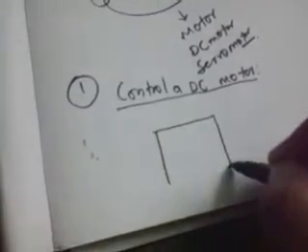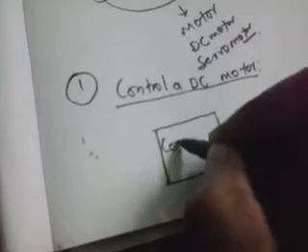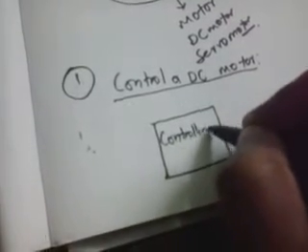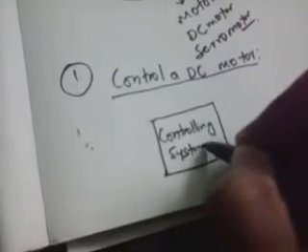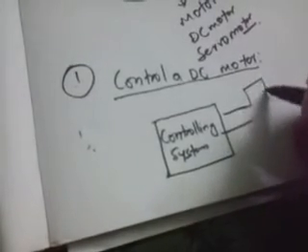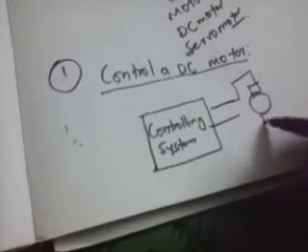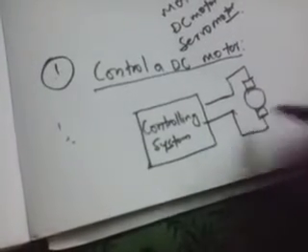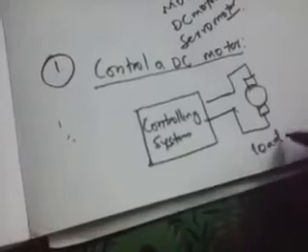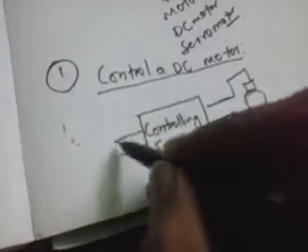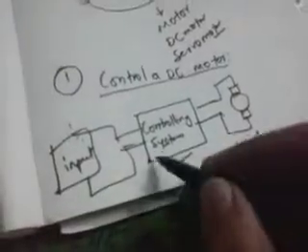First one is the controlling system, which controls that particular DC motor. For example, this is the DC motor which I need to control, and this is nothing but the load, and this is the control element, and we need to take input from any source. This is the complete block diagram to control a DC motor. Let us go in detail about these.